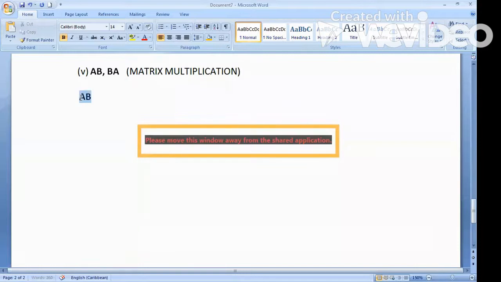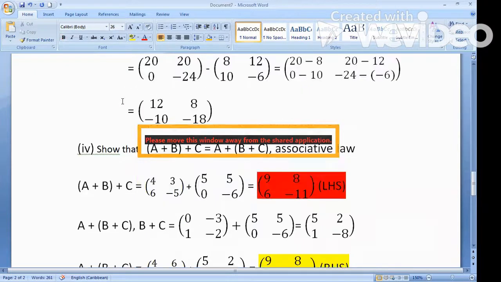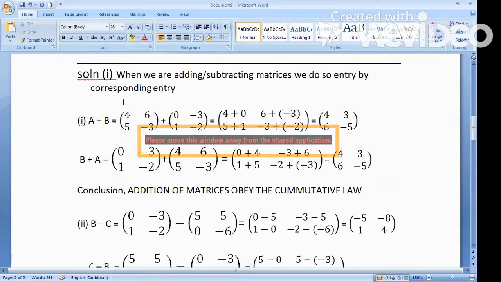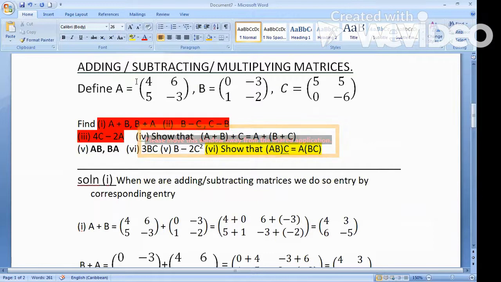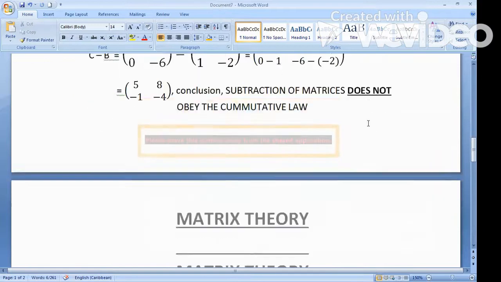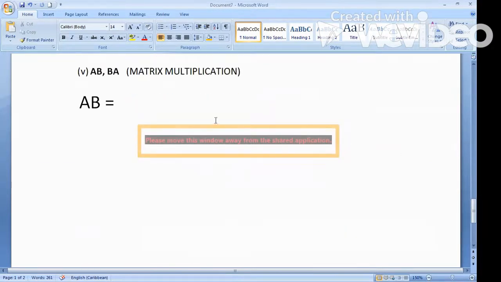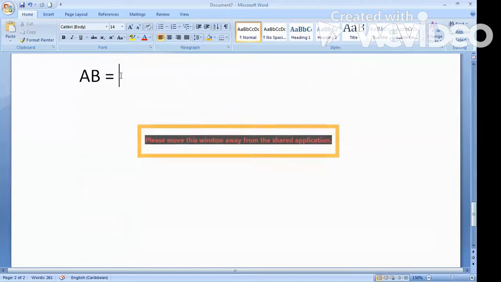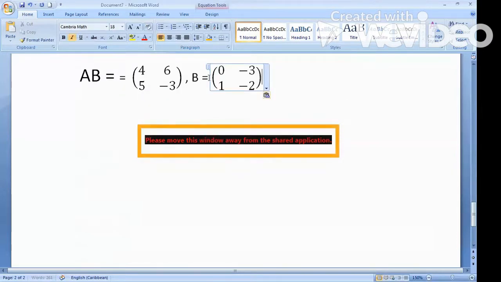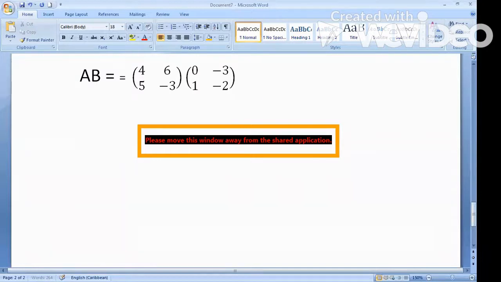As you said, AB means A times B. You're absolutely correct. Now, how we multiply a matrix is a little bit tricky here. It's not so straightforward as adding and subtracting, so just bear with me.